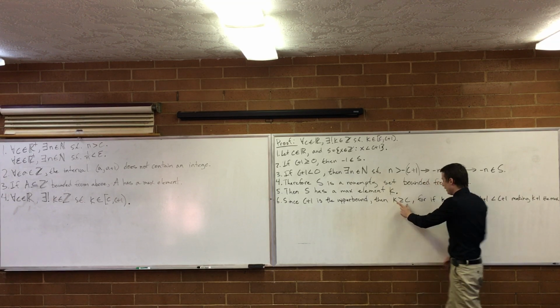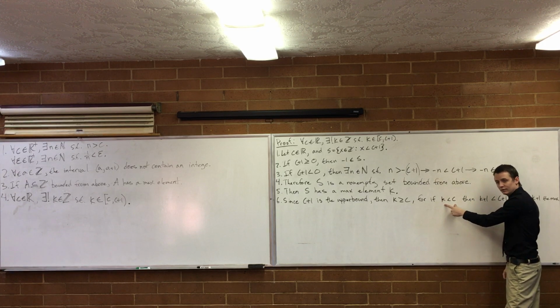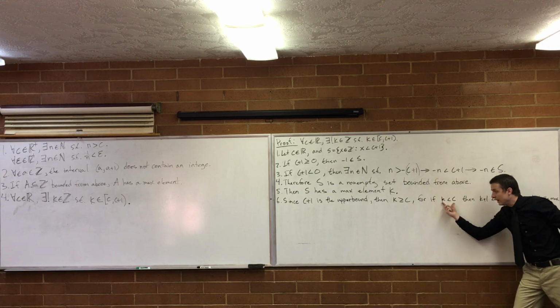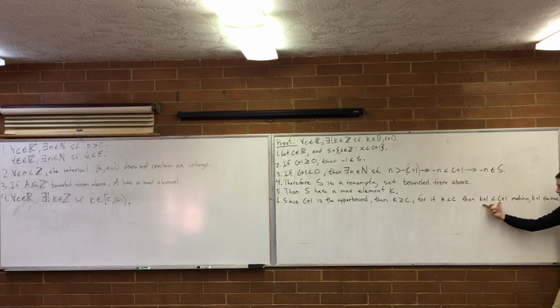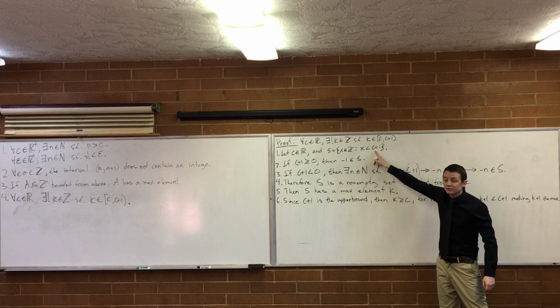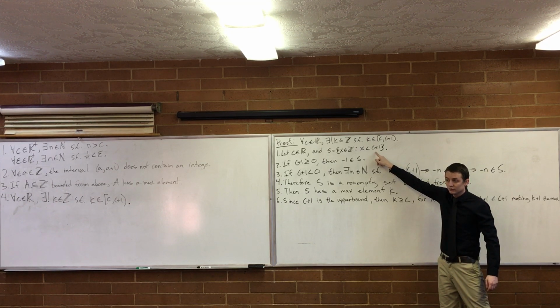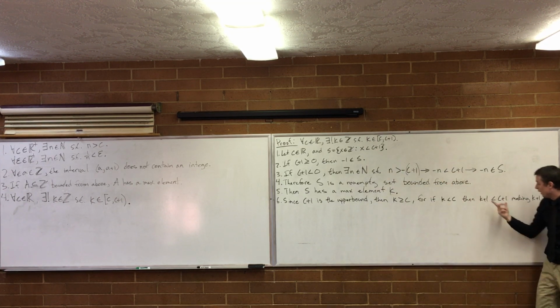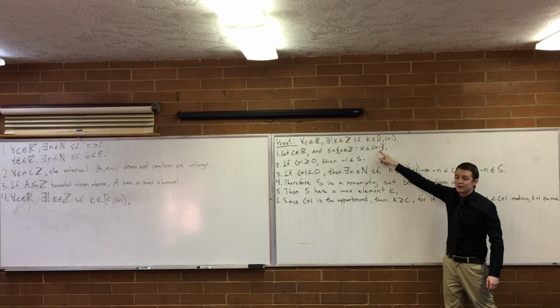So either this statement's true or this statement's true, right? But if k was less than c, then k plus 1 would be less than c plus 1. Which means that k plus 1 is in this set. This is a set of all integers less than c plus 1. So then k plus 1 is less than c plus 1, which means it's in this set.